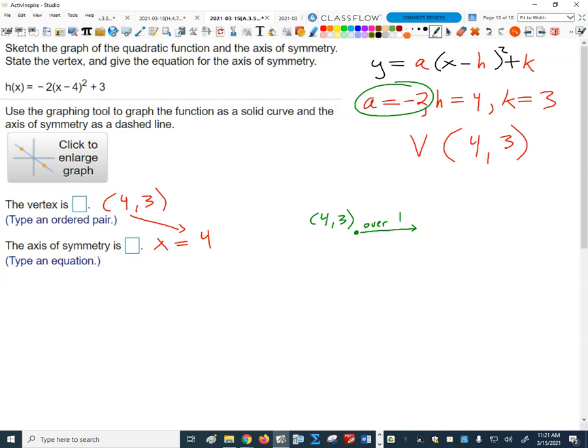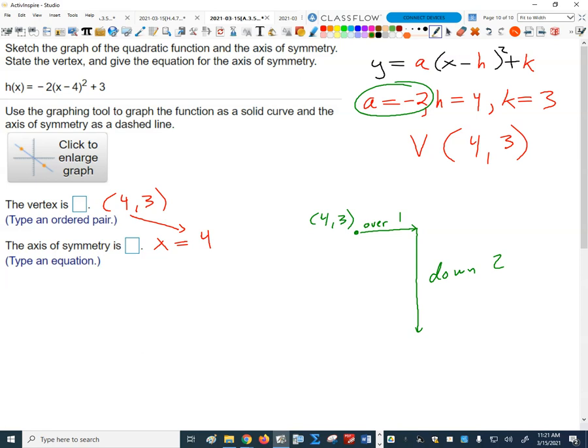Let me hear from everybody. Good. Yeah, I'm going over 1 and up 1 times -2. Over 1 and up -2 means down 2, doesn't it? Good. So over 1, down 2. So we should be able to pick this one out then, right?